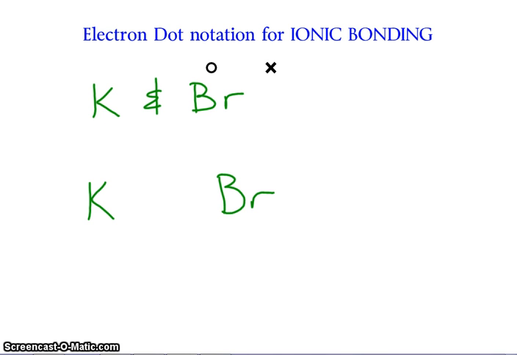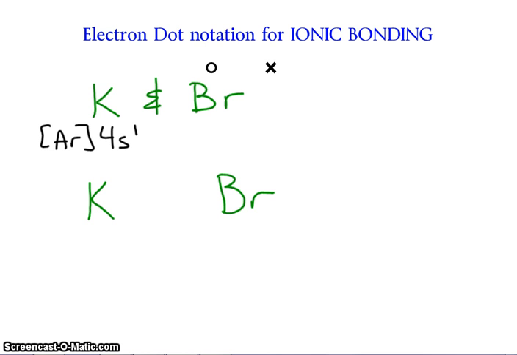How do we know how many valence electrons potassium has? We go to the periodic table and we find potassium. It's in the first column and the fourth row with an atomic number of 19. As I look in the potassium block on the periodic table, in the upper right-hand corner, I see the electron configuration for potassium is argon 4s1.